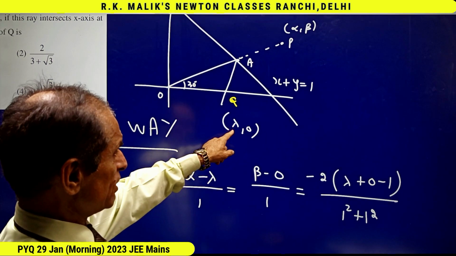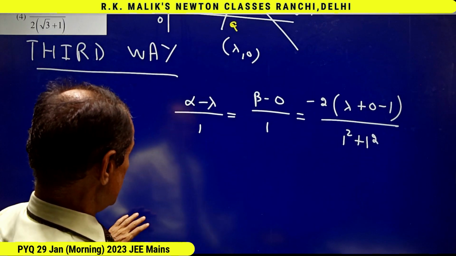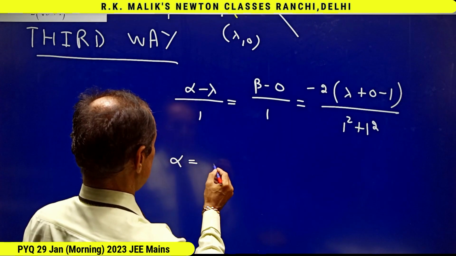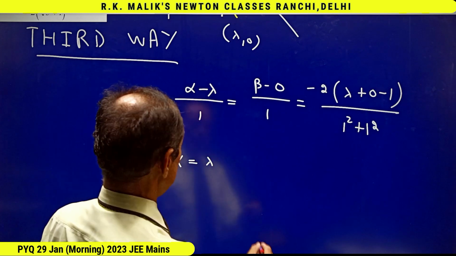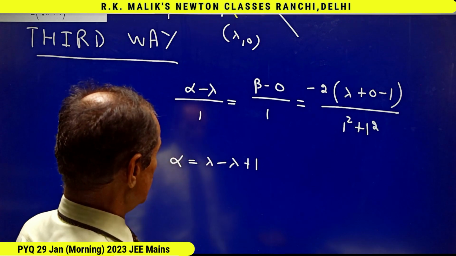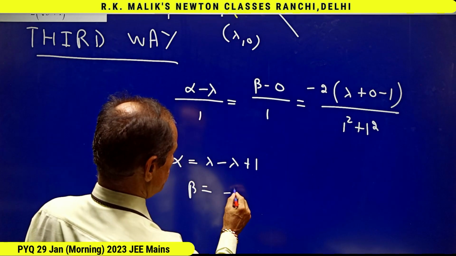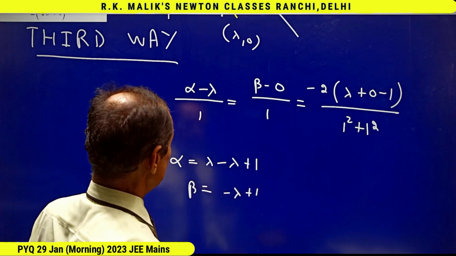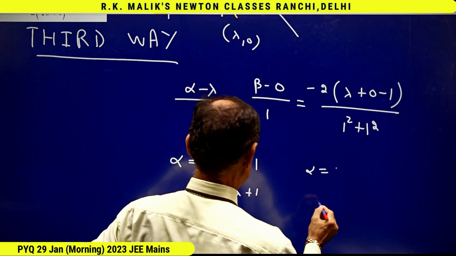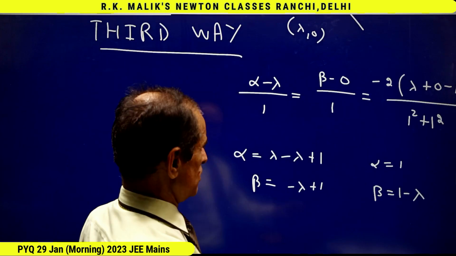That is the value of alpha becomes lambda minus lambda plus 1, and beta equals minus lambda plus 1. That is, alpha is 1 and beta is 1 minus lambda.